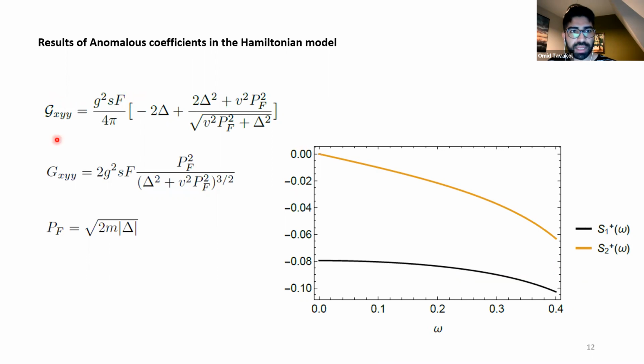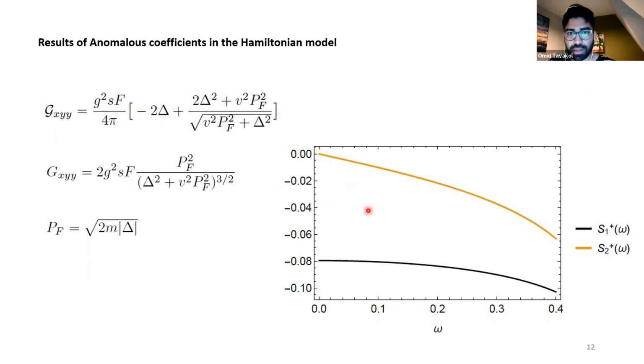For example, curly G, you can calculate this analytically, and curly G is this quantity, where f is the slope of these two functions at omega equal to 0.